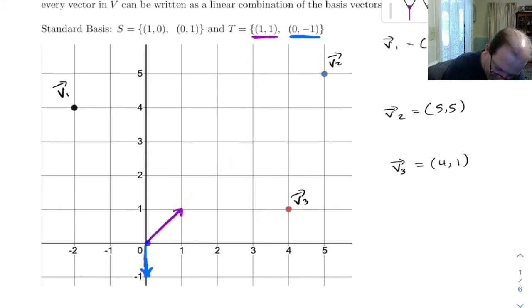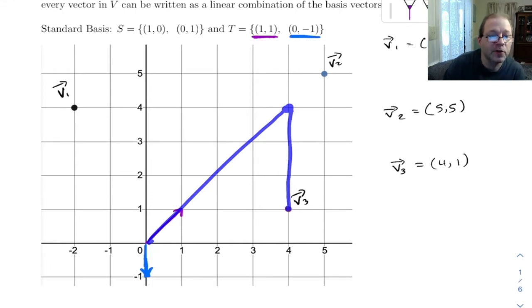So it's kind of like, say we wanted to get to V3. It's kind of like this would be a crane, where you'd have to extend up to here, like for the crane itself. And then you drop the line down here to get to V3.